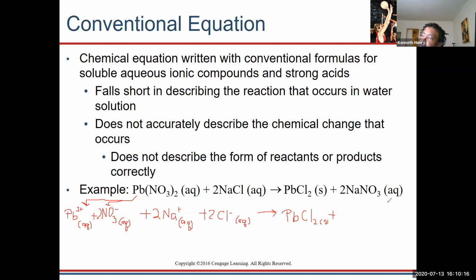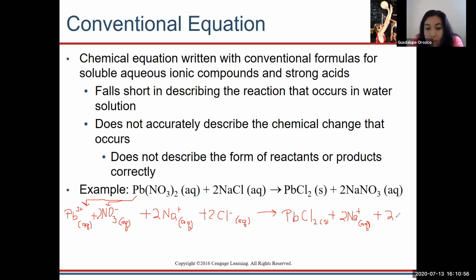Okay, so what happens here with the sodium nitrate? It would be 2 Na plus, and then 2 NO3 negative.